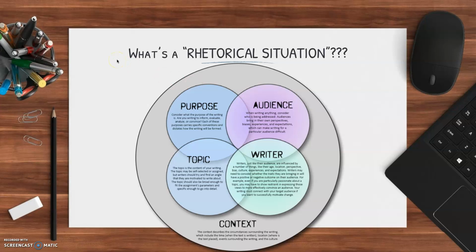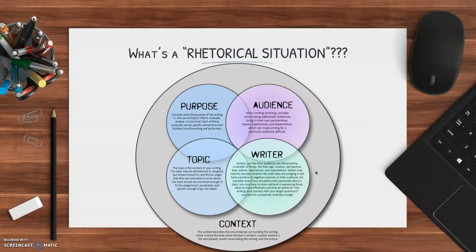So the rhetorical situation discusses the relationships between these different elements that shape the decisions an author makes while they're writing. Now, these elements themselves are probably familiar to you. You've probably heard of audience, purpose, topic, writer or author, and context. And when we think about the rhetorical situation, we're thinking about how these things influence each other.